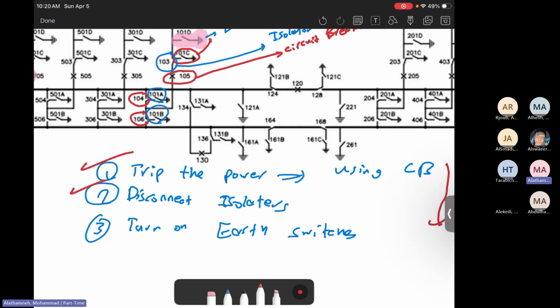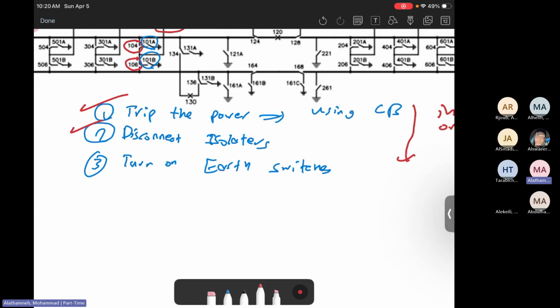What's the point of earthing the power lines or the electrical equipment? The thing about the power line, as we know earlier, there's a pi model or T model, where there's a resistance, inductance, and a capacitance.